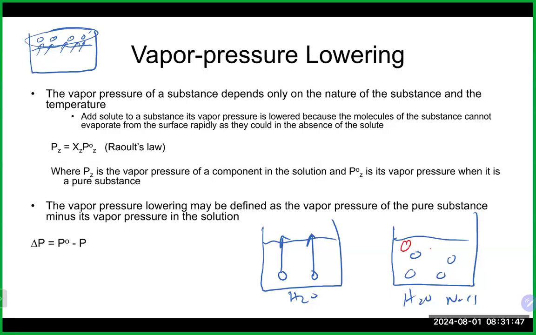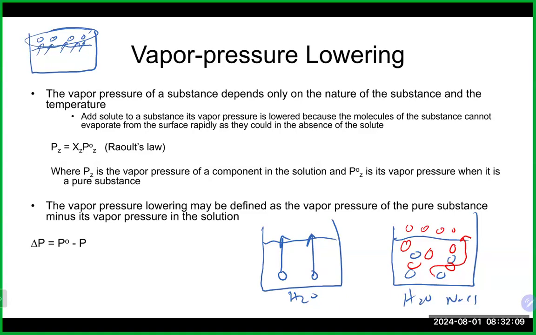They've got all these other things in the way, and it's going to take a lot longer for them to do so. Because it takes longer, fewer gas molecules are going to escape above the solution, and fewer gas molecules above the solution results in a lower vapor pressure.